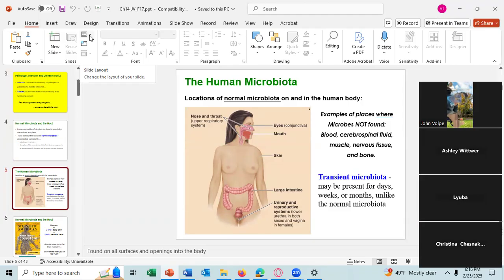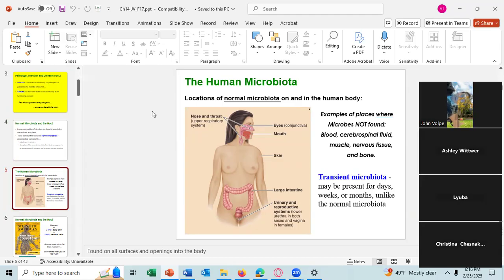So it's a part of its normal microbiota. But if Bartonella henselae is growing on a patient, they're likely to get a disease. I used to know that the disease is cat scratch fever. So if you have Bartonella henselae growing in or on you, you likely have cat scratch fever.